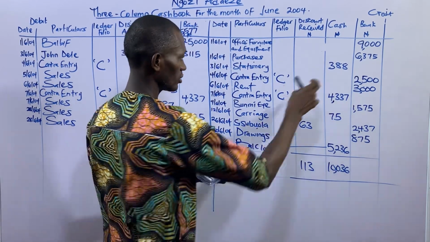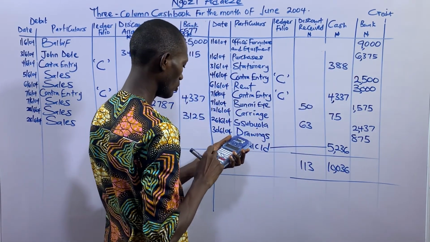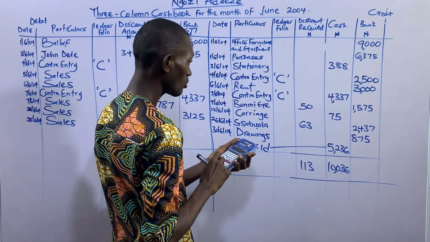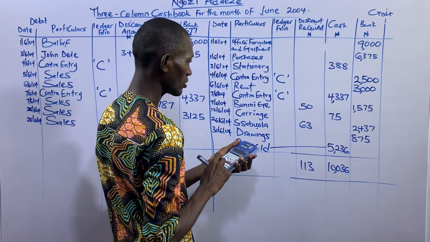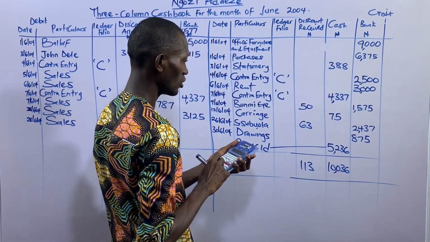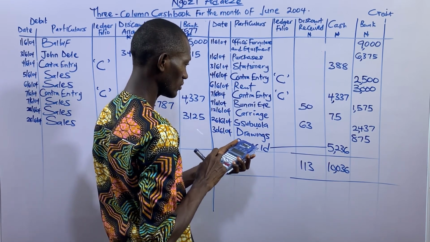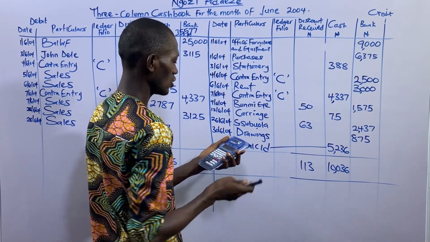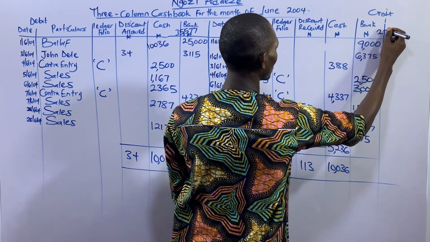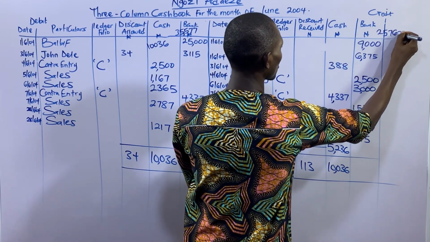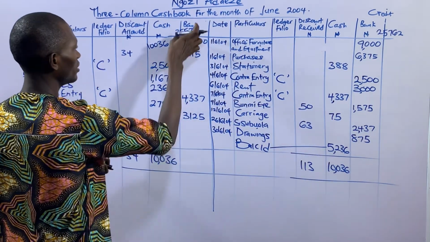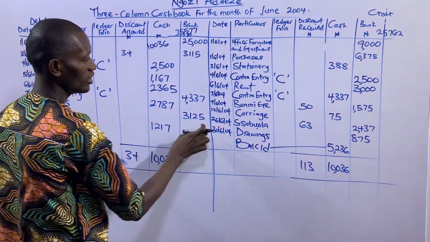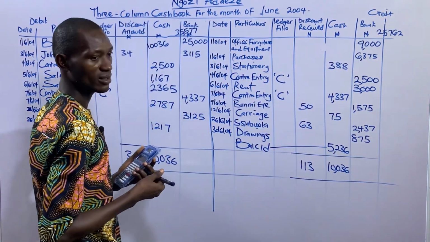So 9,000 plus 6,375 plus 25 plus 3,000 plus 1,575 plus 2,437 plus 875. So this gives us 25,762.